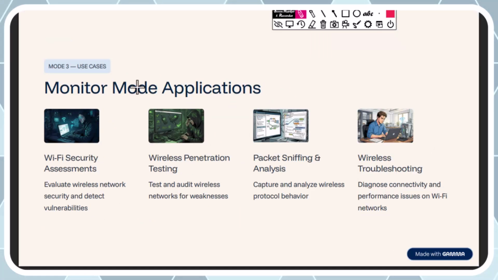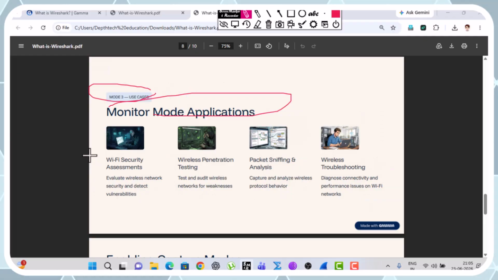Now the next is the uses of monitor mode. First, Wi-Fi security assessment: evaluate wireless network security and detect vulnerabilities, which is mainly done with Wireshark. The second is wireless penetration testing: test and audit wireless networks for weaknesses. This tool is mainly used as a wireless auditor, a wireless analyzer.